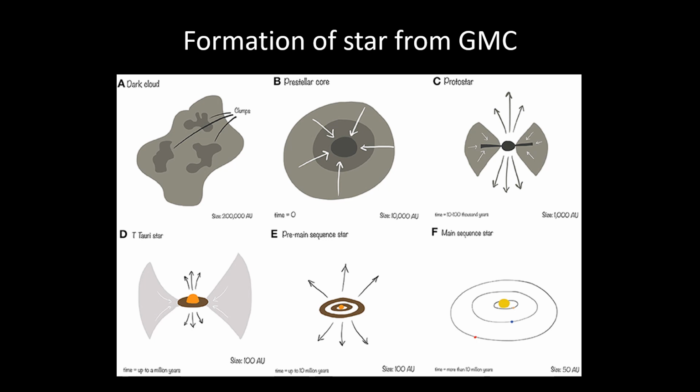This T Tauri star continues to spin, since the protostar is smaller. Thus, it takes millions of years for the core to raise its temperature to start nuclear fusion, igniting the core and setting up the longest stage of the star, which is the main sequence star.